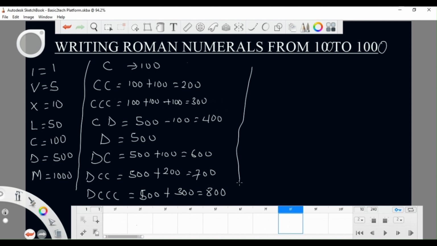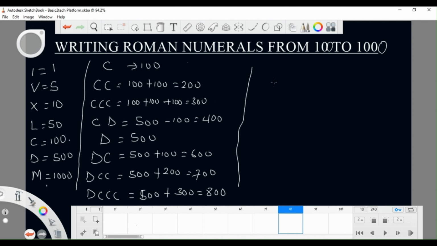So what next is our 900. How do we get our 900? Now remember, C is 100 and M is 1,000. When we subtract 100 from 1,000, we get 900. So that means that our C has to come before the M since we are subtracting.